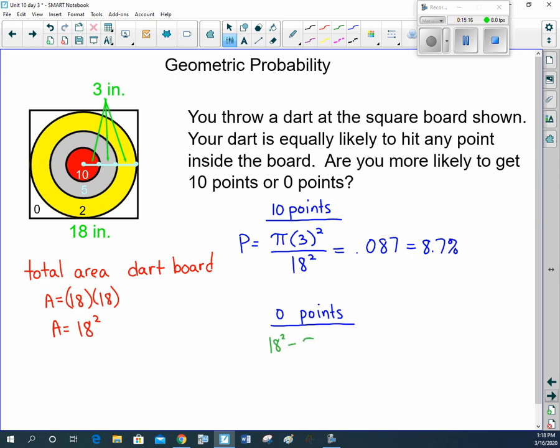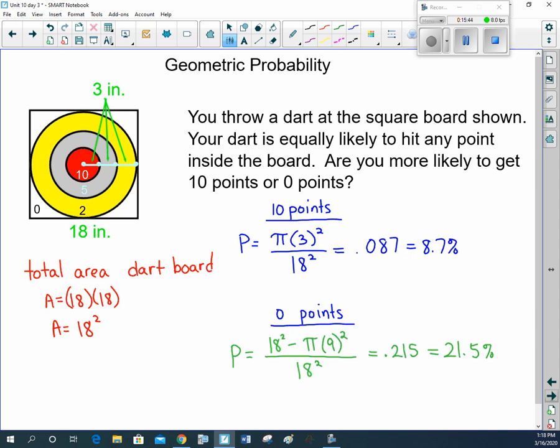So the area of the biggest circle is pi r squared with a radius of 9, and then that's going to be divided by our total area. So there's our probability right there for 0 points. So that turns out to be 0.215, which is about 21.5%.